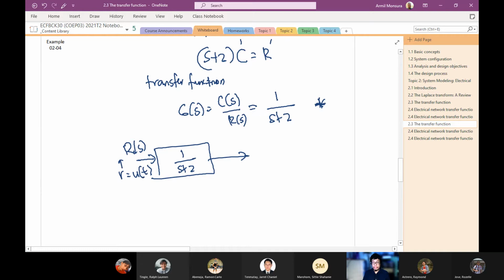Having an input of u(t), this system, described by this transfer function, would produce an output, which is what we are looking for.